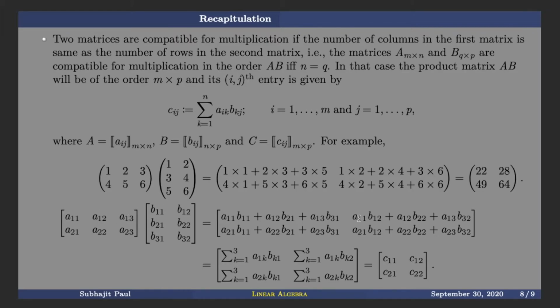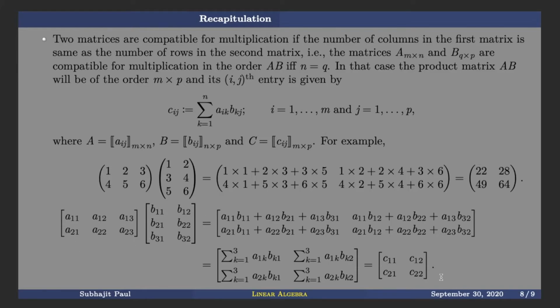The first row, second column will be A11 B12, A12 B22, and A13 B32. The 2,1 entry will be A21 B11, A22 B21, A23 B31. And the 2,2 entry, second row and second column, is A21 B12, A22 B22, A23 times B32.